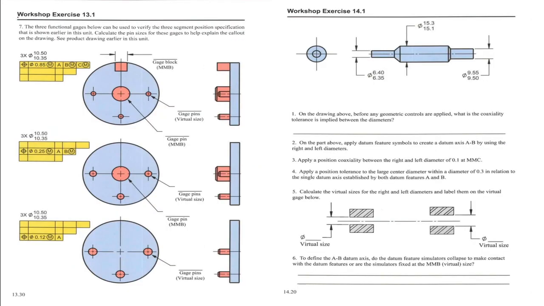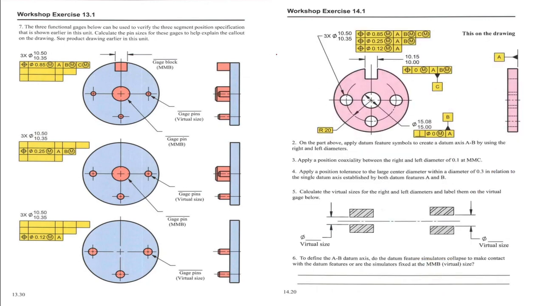And then here in this next drawing, the three functional gauges below can be used to verify the three segment position specification that was shown earlier in this unit. Then they calculate the pin size and three gauges to help explain the callout. So here is the drawing.